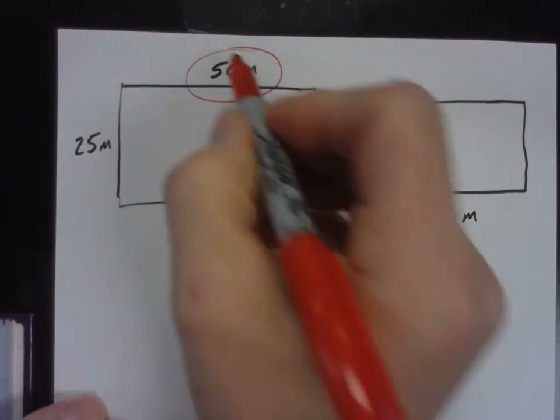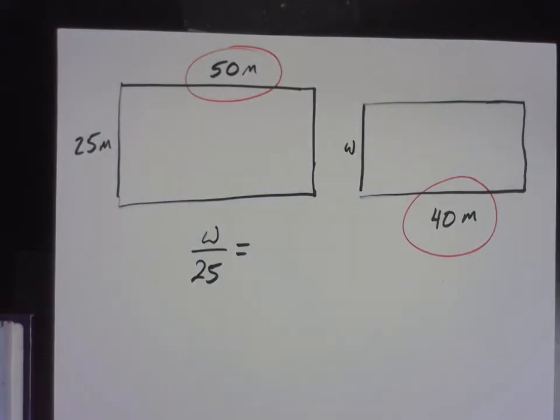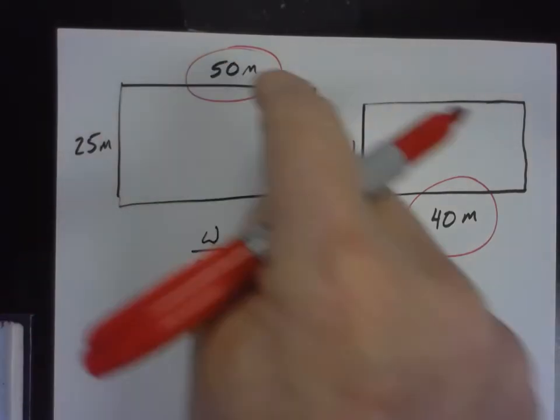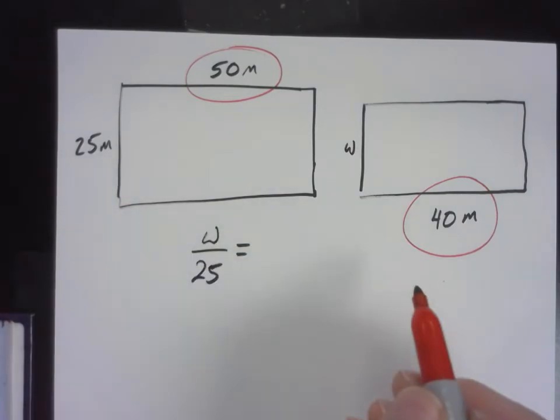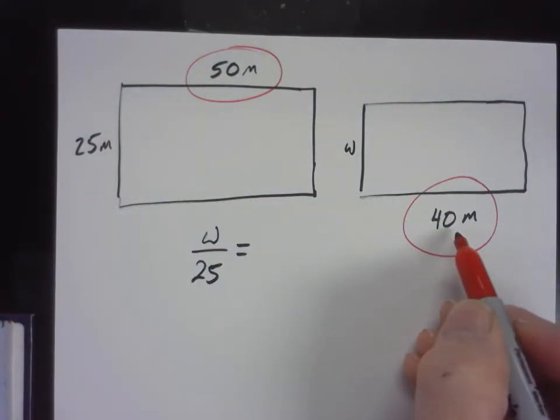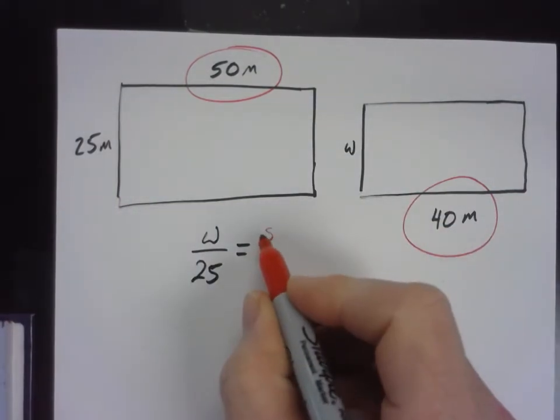And the key to the problem is always the sides where you know both of them and they correspond. Okay, the similar figures, it's not going to work if you don't know two different, one in each triangle, that correspond to each other. Does that make sense? Everyone got that? That's the key. So W over 25's got to equal 50 over 40. Got to equal 50 over 40.